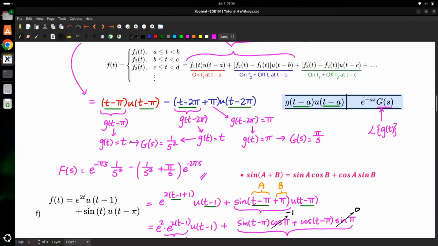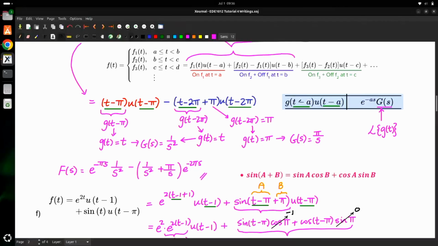The story is in the Laplace transform table, this big G of s is denoted as the Laplace transform of small g of t. So now the thing is, your function has g of t minus a, not small g of t. So therefore, it means to say that you go and recognize this g of t minus a first.